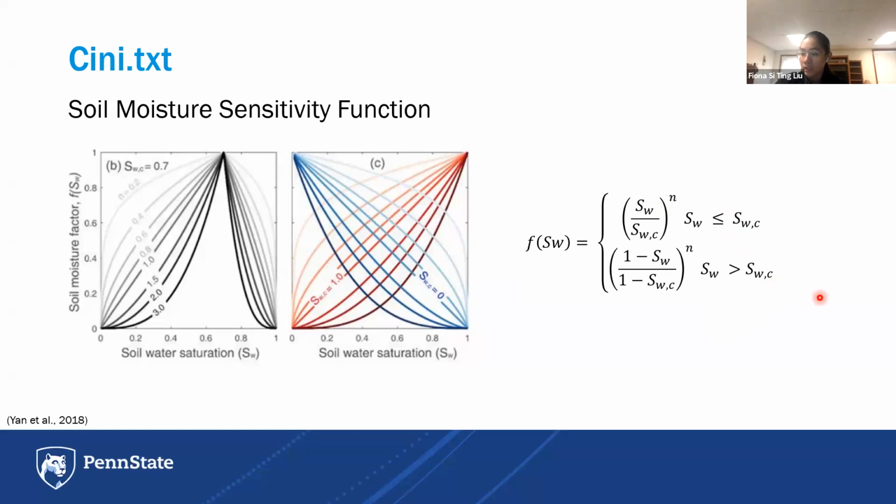When the soil moisture is above this critical value, decomposition rates get slower because soil pores are filled with water, and the reactions are limited by the availability of O2, oxygen. So there is an intermediate soil moisture zone where the reaction rates reach their maximum. And this N exponent is just a sensitivity index that reflects the magnitude of the rate dependence on soil moisture.